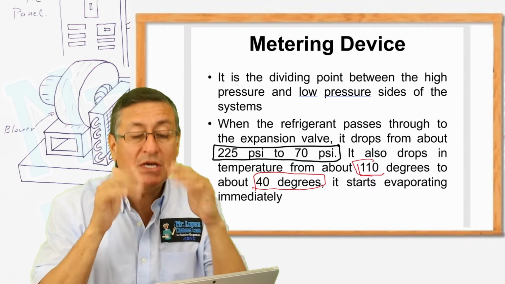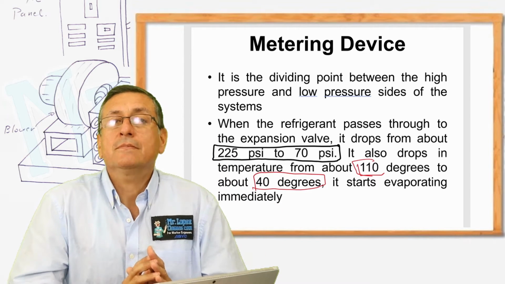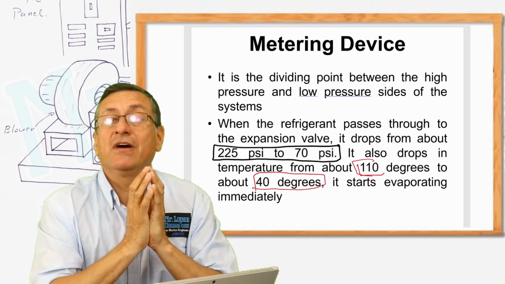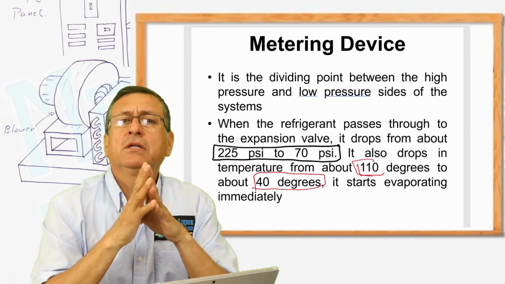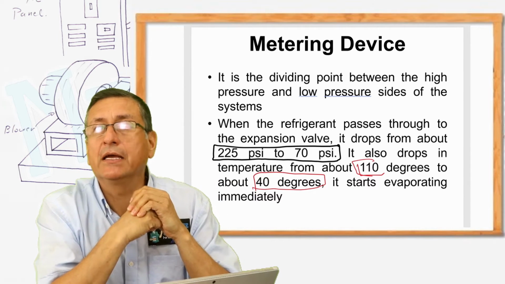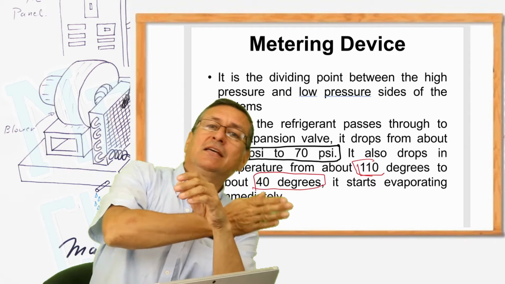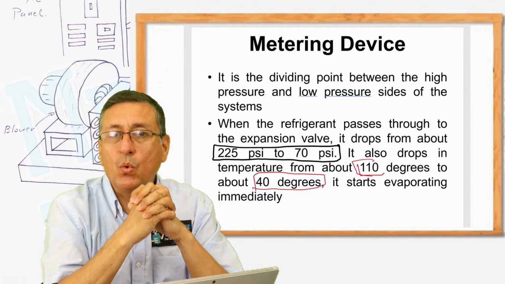It's important that you keep in mind this slide. This slide is very important. Before the expansion valve, the pressure is around 220, 225, 250 psi, depending on the refrigerant. And after that, the pressure is around 60, 70 psi.